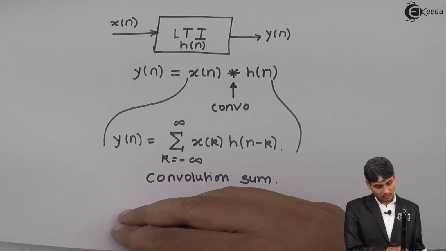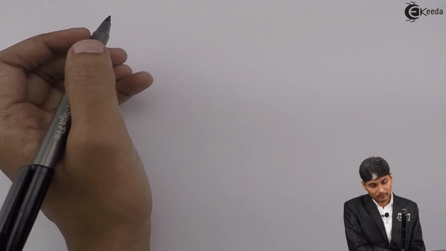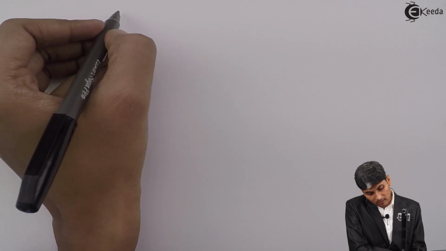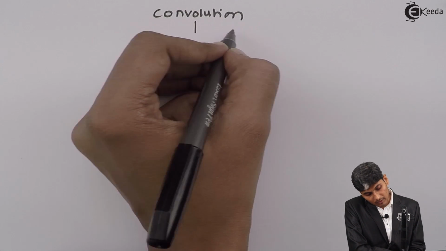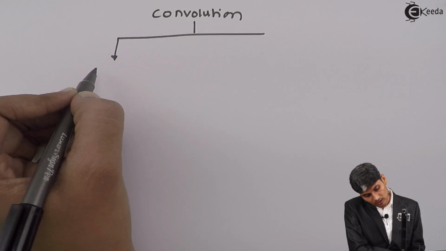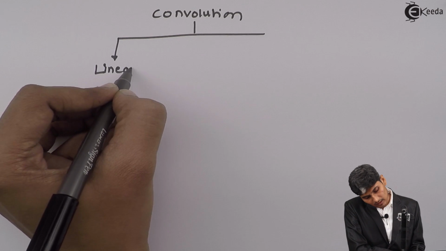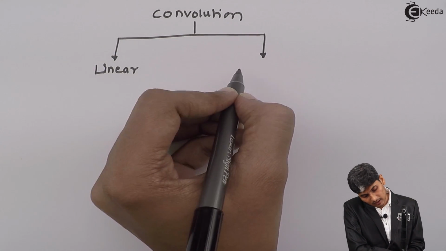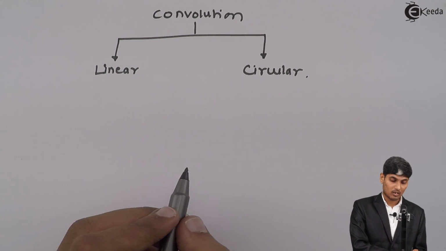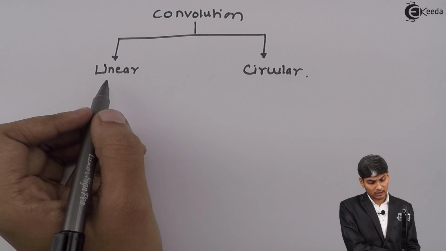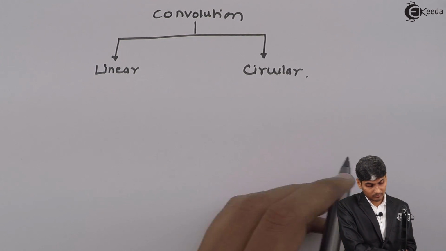Now there are basically two types of convolution. One is linear convolution and the other one is circular convolution. What is the basic difference between them?